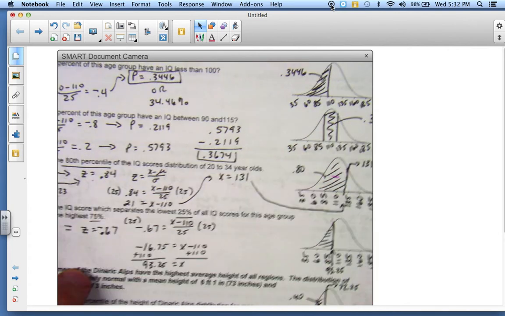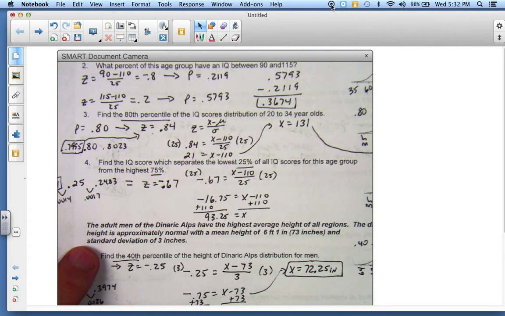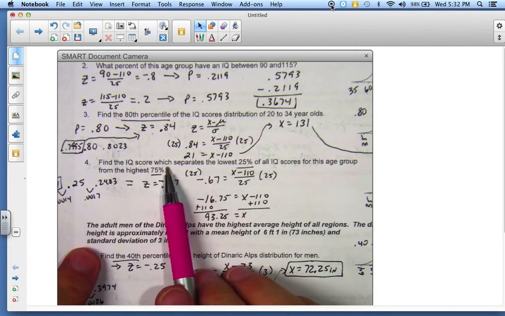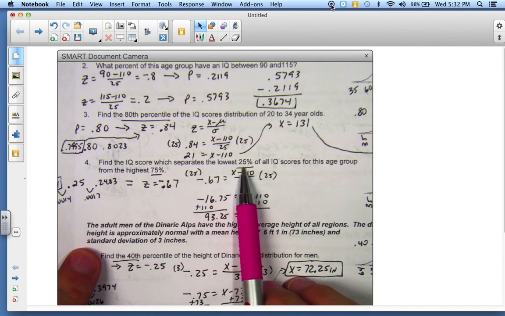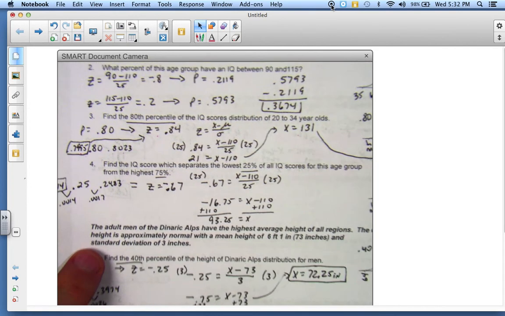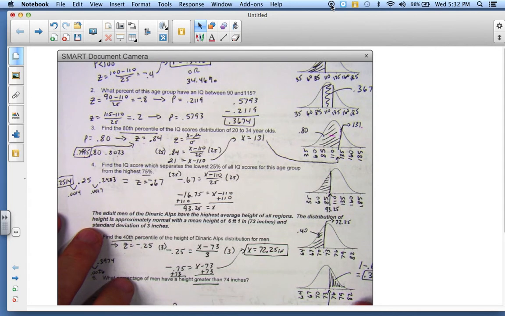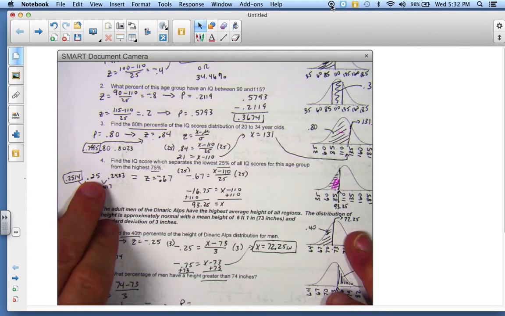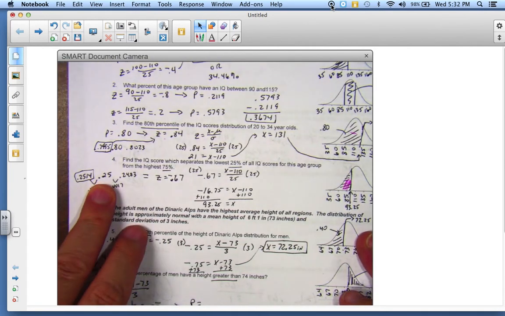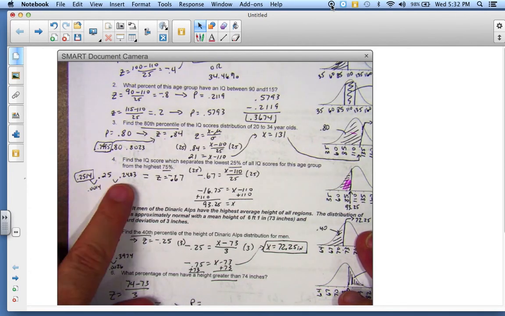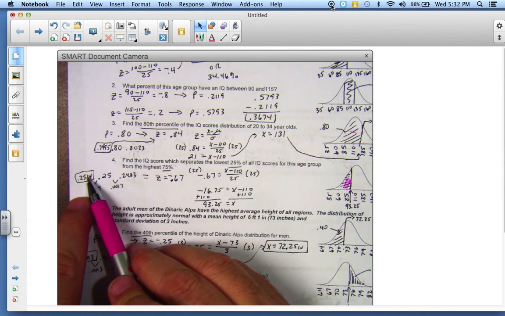All right, next question. Question number 4. Find the IQ score which separates the lowest 25%. Remember, the lowest 25% is going to be to the left. So that's going to be this area right here. Okay? So over here, I took my 0.25. I found out what percentages it was between. It's actually closer to 0.2514.